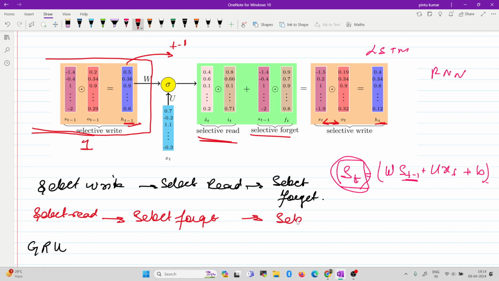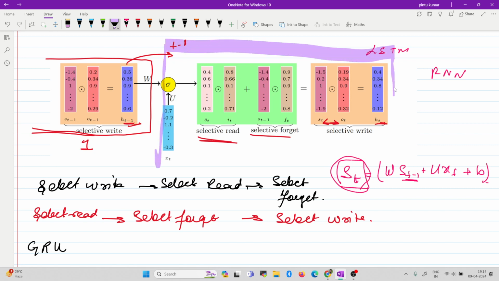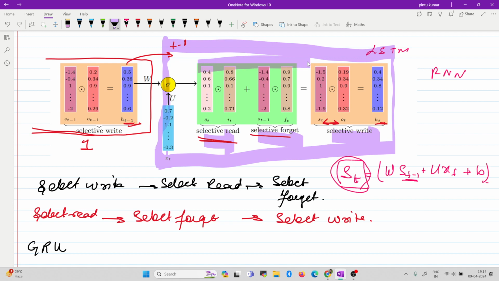So this would be select write. So in implementation, this is the path you're going to follow. If somebody asks you what the processes involved in LSTM are, you will start with select read, then select forget, then select write, and this is the flow that you're going to follow. Any doubt in this LSTM thing before I move ahead?